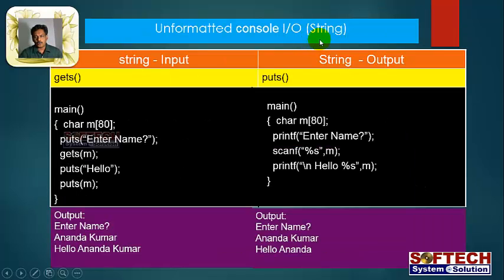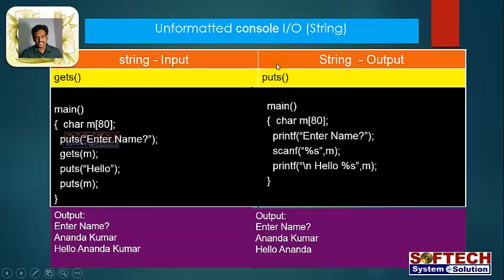Unformatted console I/O string. Now we learn about string input and output in unformatted console I/O. We get a string from the keyboard and display a string on the monitor by using unformatted console input output functions. What are the unformatted console input output functions?